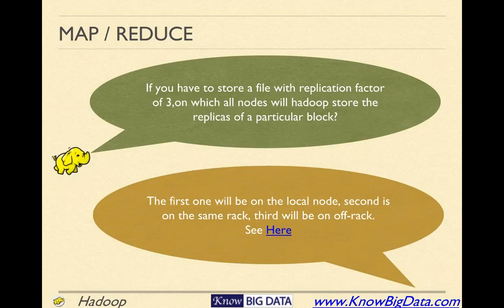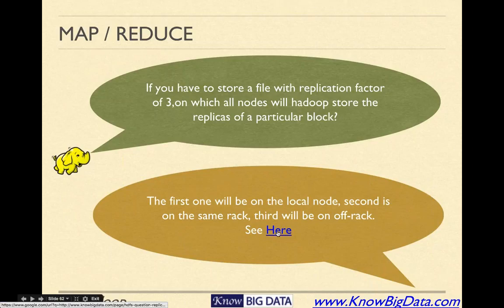It'll be on the same machine. When we say Hadoop copyFromLocal, it's most likely just taking your data and moving it on the same computer into a block. Because if this node is inside Hadoop, then it will just take a file and move it to the blocks, right? The first one will be on the local node, the second one will be on the same rack as the local node, and the third one will be off the rack.